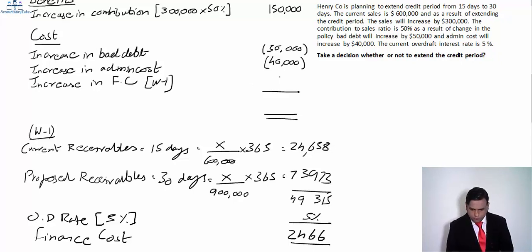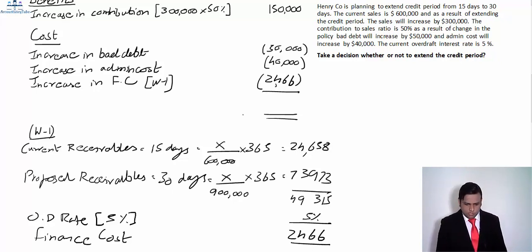Now putting the figure of 2,466, again negative. Now the benefit, after deducting all the associated relevant costs, we are arriving at a figure of 57,534.